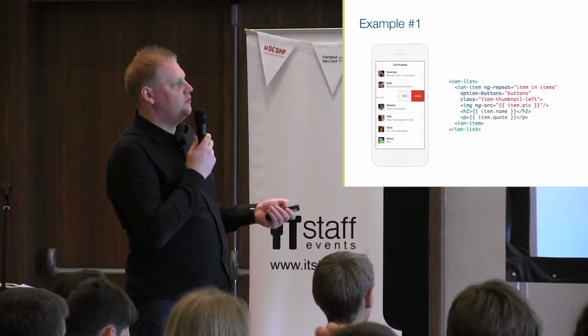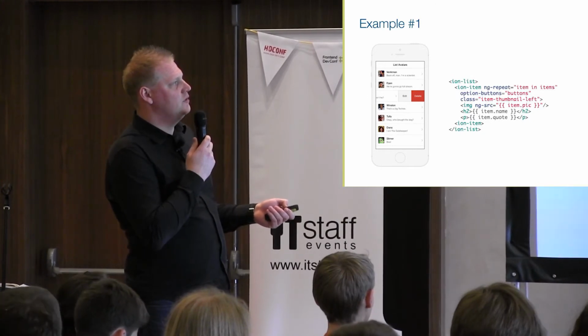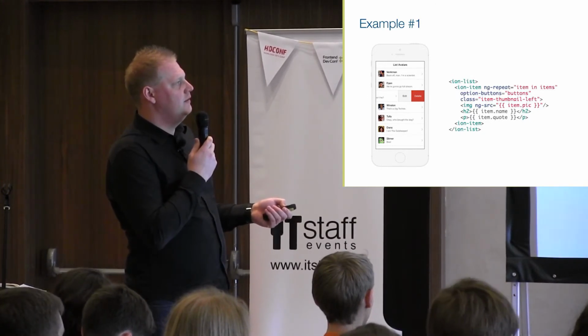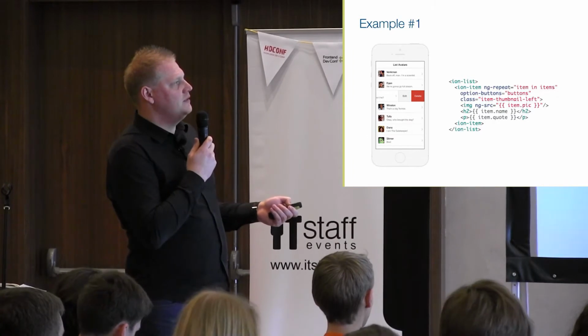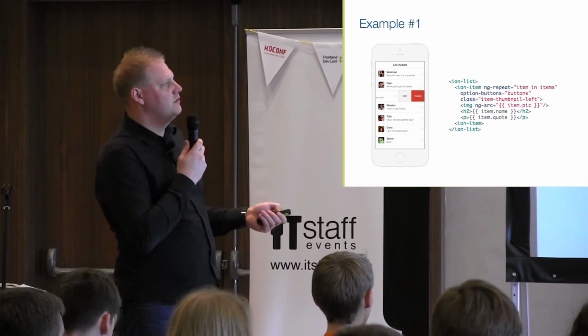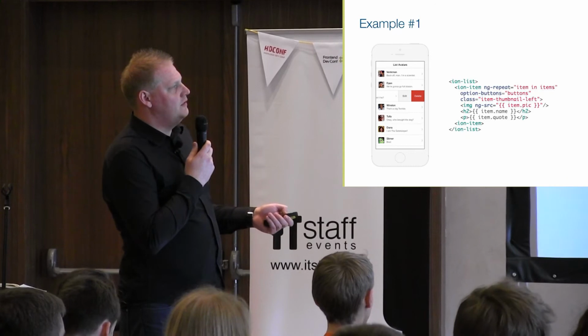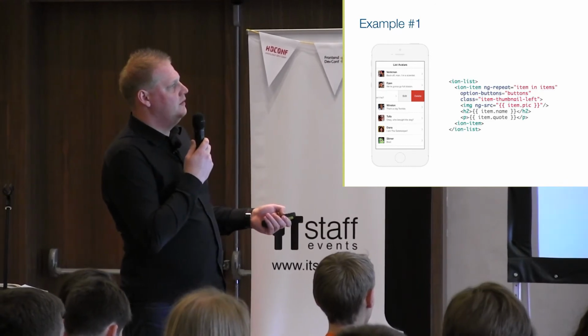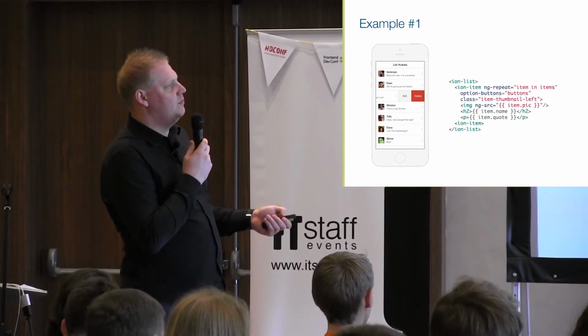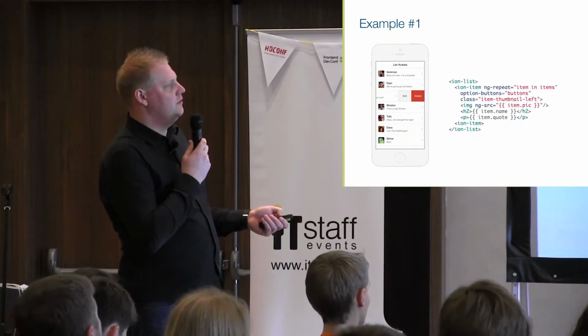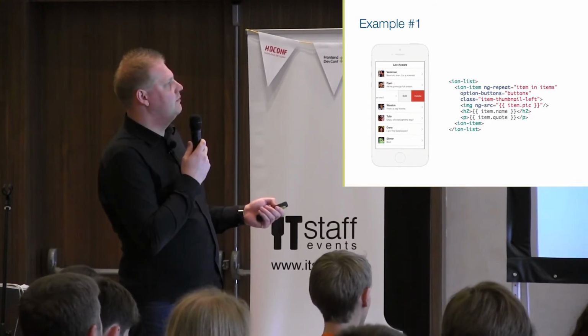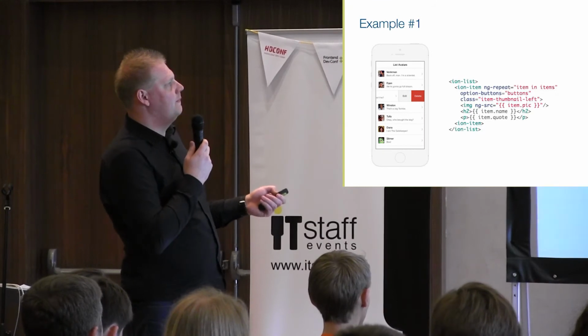It's going through all the items, choosing one item each time, and creating option buttons, the class option button, which is written right here, and outputting item pick from a model, and also name and quote, and that's how it looks.